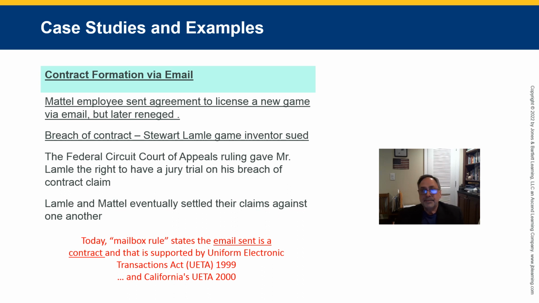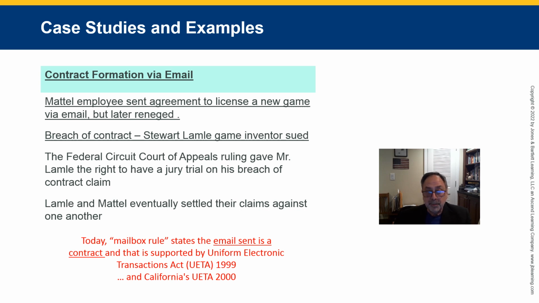I found this on the web for a contract that Mattel should have honored. So the court ruled that Mr. Stuart Lamley could have a trial. I guess Mattel realized that they weren't in good standing, and they just settled out of court. So that whole concept of a mailbox rule, whether it's email or sent in the mail, once it goes out, it's an agreement.